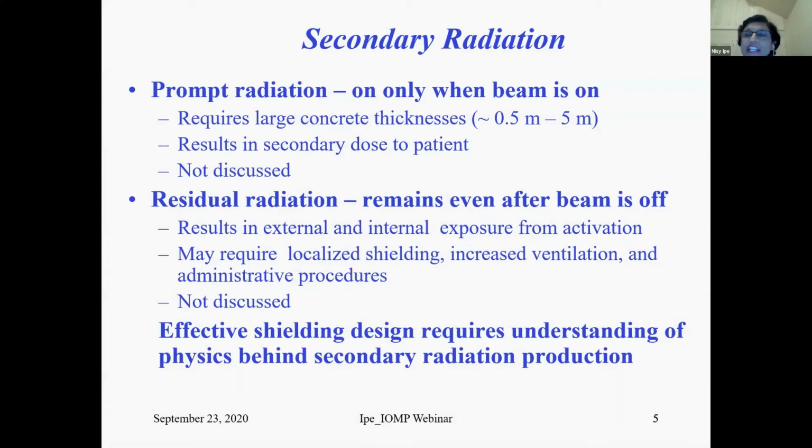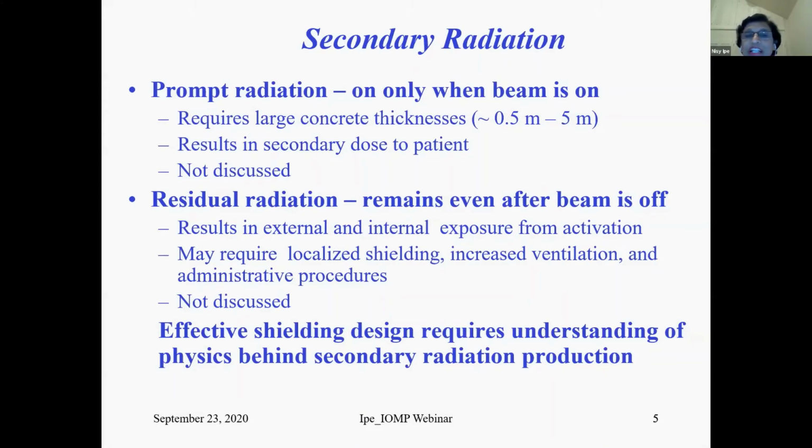Now, secondary radiation is comprised of both prompt radiation and residual radiation. Prompt radiation remains on only when the beam is on, and it requires large concrete shielding thicknesses of the order of 0.5 meter to 5 meters, and this results in secondary dose to the patient.